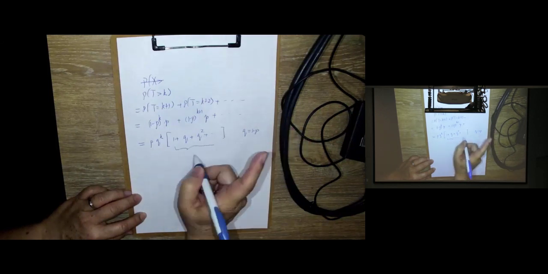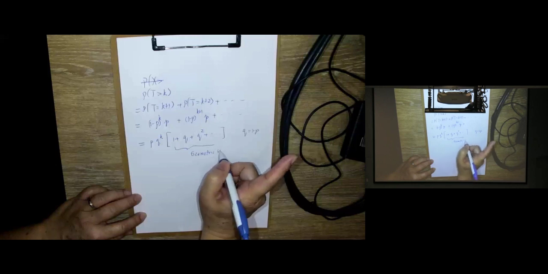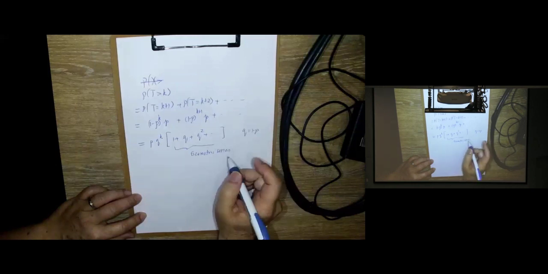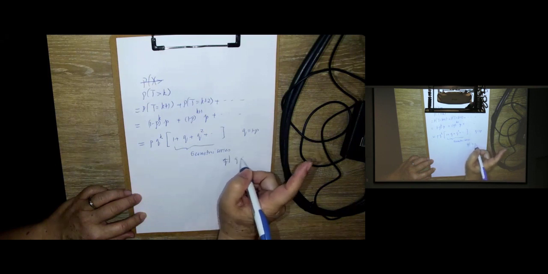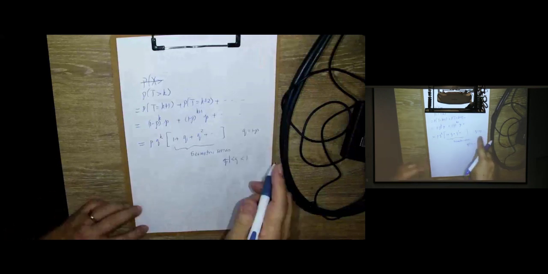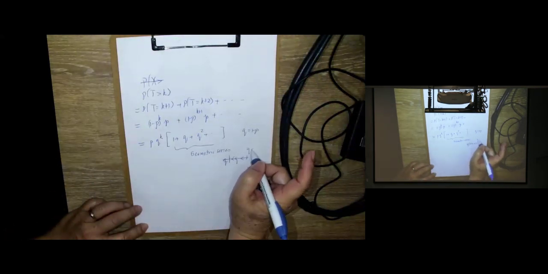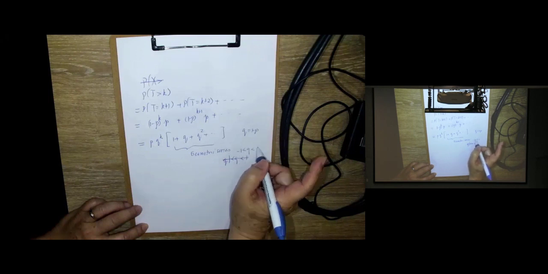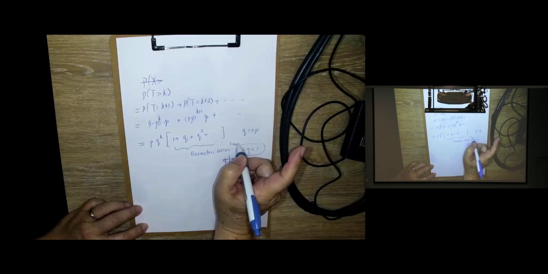So this is what we call a geometric series. This geometric series is summable if q is between minus 1 and 1, but of course q is always non-negative here. All right, this geometric series is summable.